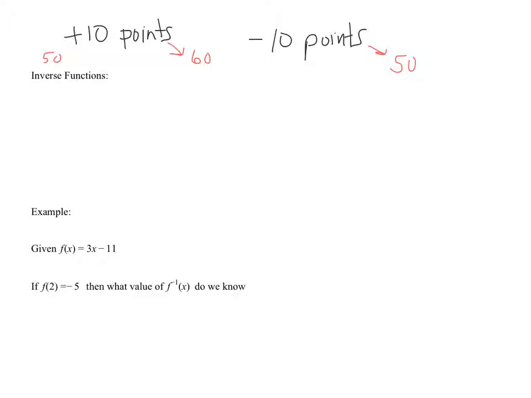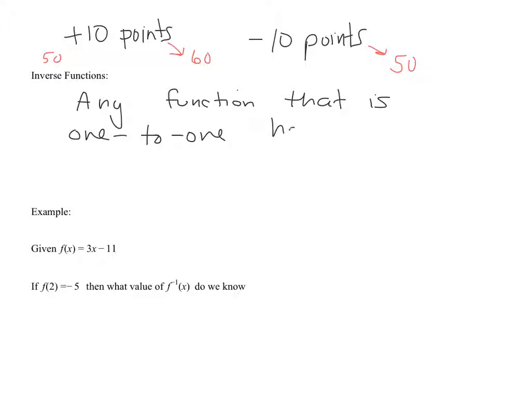So our formal definition of inverse function: any function that is one-to-one, so it has to be one-to-one, that's why we had that definition, has an inverse function, and we denote this f to the negative 1 of x.